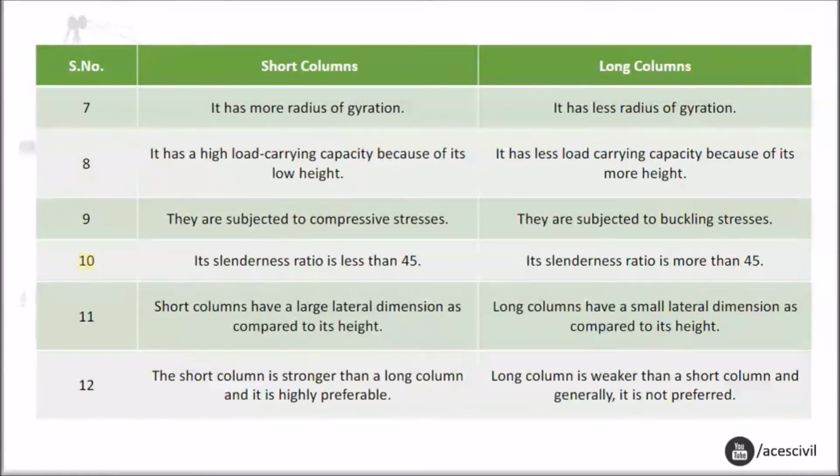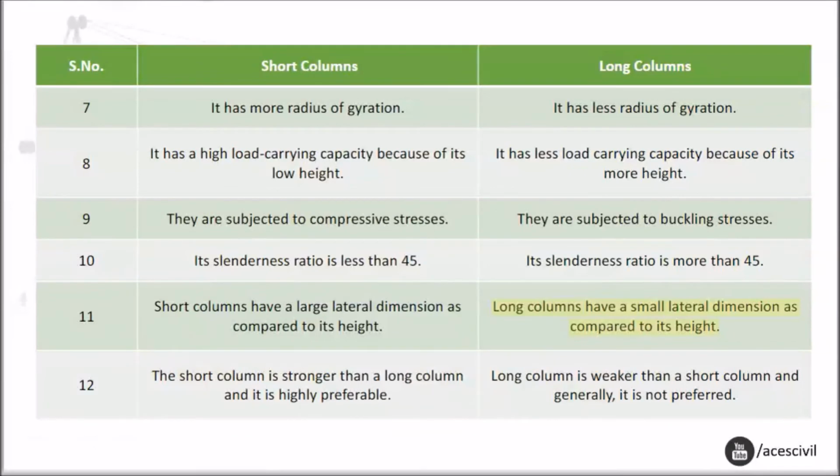10. Its slenderness ratio is less than 45. Its slenderness ratio is more than 45. 11. Short columns have a large lateral dimension as compared to its height.